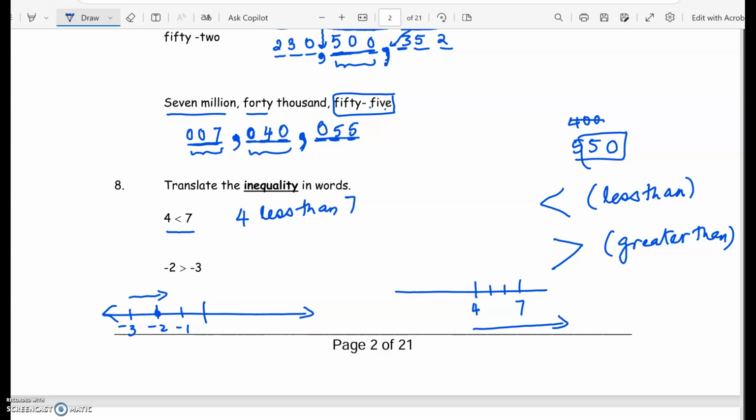So -2 is greater than or larger than -3, because -2 is to the right of -3 on the number line. As you go from left to right, the numbers are increasing.